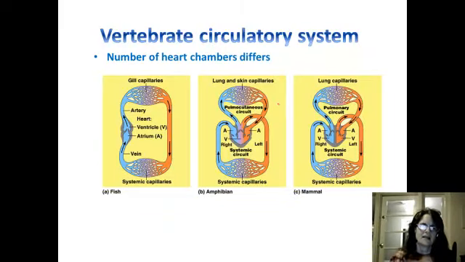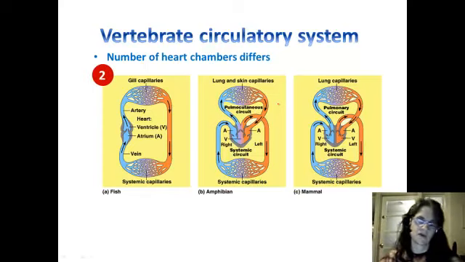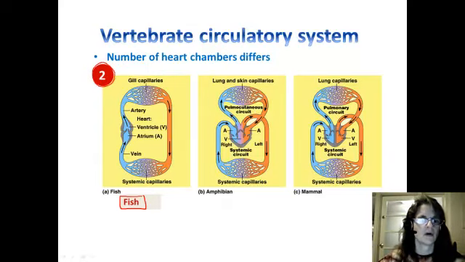Alright, speaking of vertebrates and their closed circulatory systems, we need to talk a little bit about the different types of circulation we see in different vertebrates, and we are talking about first fish. Okay, fish, the first vertebrates, have a reasonably simple, though much more advanced than anything that came before them, two-chambered heart.